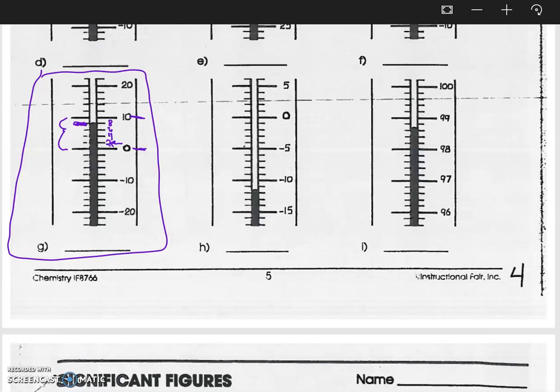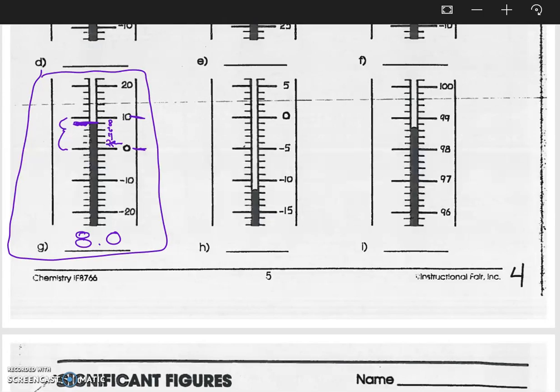So I see my line being right here. So I would say the temperature of this would be 8. But the thing about taking measurements is the last digit always has to be an estimate. And since it looks pretty close to being right on the 8, I'm going to say it's 8.0.